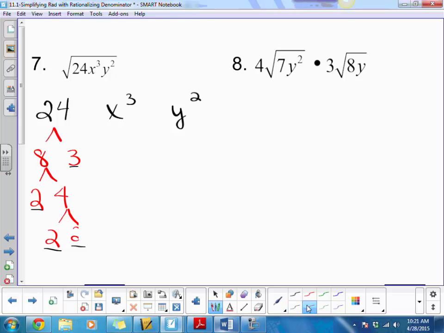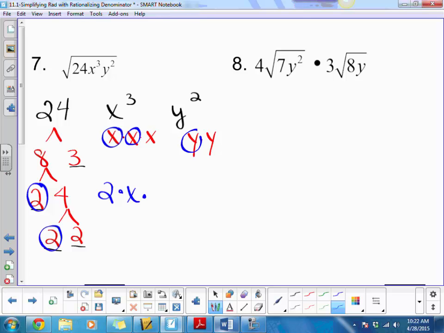Now I'm going to break up this x cubed. Well, x cubed is the same thing as x times x times x, and y squared is the same thing as y times y. Now remember, I'm just looking for matched sets or matched pairs. So I have 2, which I'm going to bring out front, times x times y.